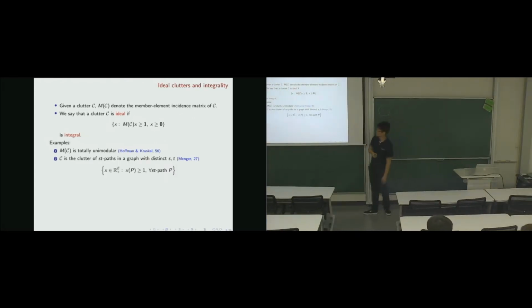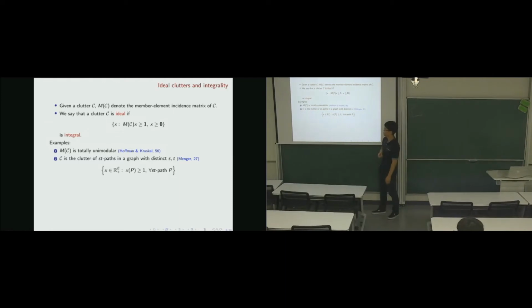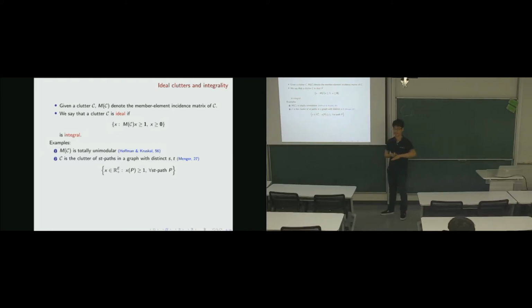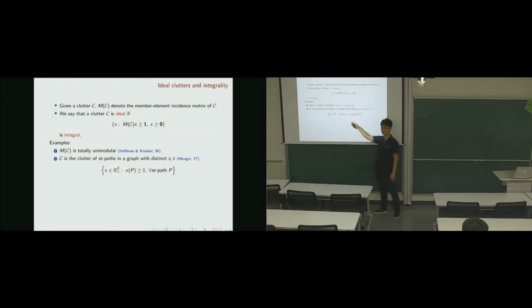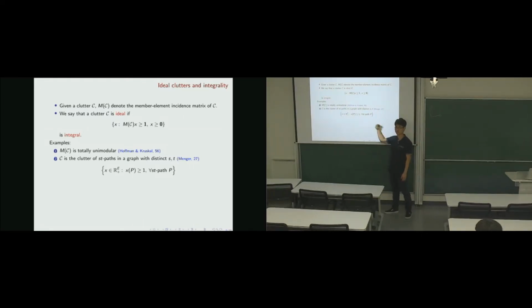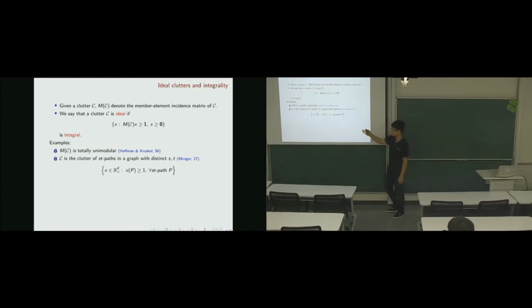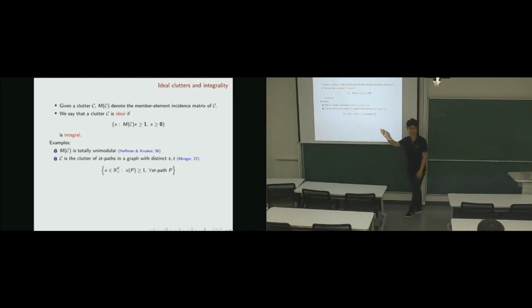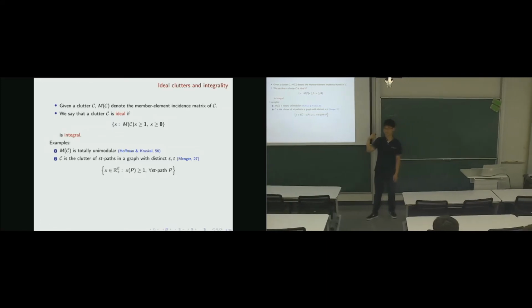Maybe this is a more interesting example. If you collect the s-t paths of a graph, then that's also ideal. Can you guess what the 0-1 solutions for this polyhedron are? You just collect the set of edges intersecting all s-t paths. Can you tell me what it is?